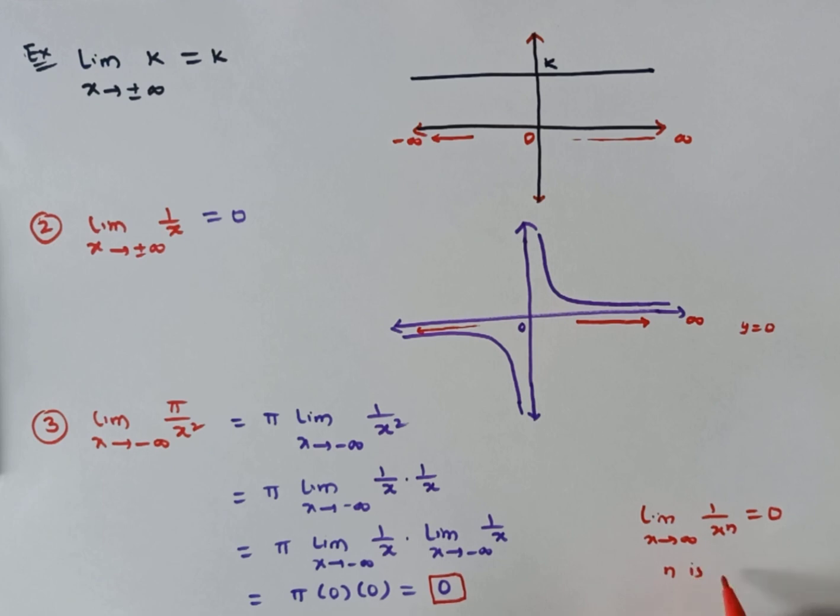Only when n is a positive integer it becomes 0. So just remember the limit as x tends to infinity of 1/x to the power of n. You can write plus or minus also, no problem. The value will be 0.